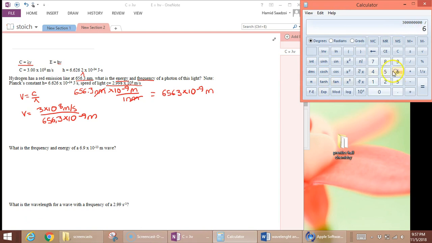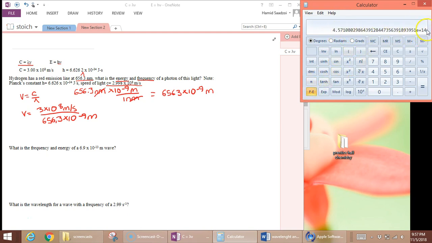And you take the 656.3 and we're going to press exponent again, and then negative 9. So there's a negative symbol, there's 9, there's our value. We're going to change to exponential form.